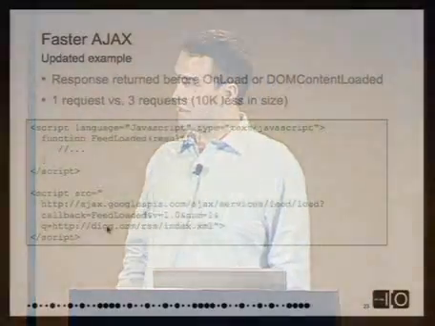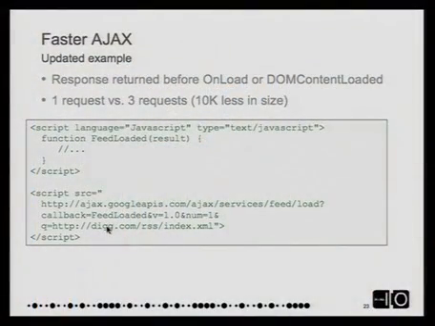So let's take a look at the first example that I showed, which had two different callbacks. I just replaced it with defining a function called feedLoaded that returns a result object. Then I added another script tag inlining the whole request that I showed earlier. When the browser evaluates the contents of your HTML, it will see these two script tags.